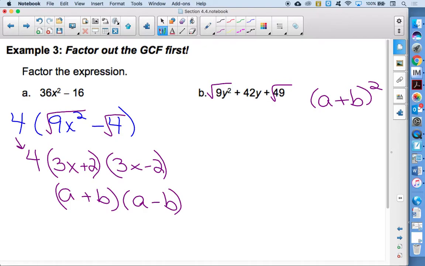Brandon, what's the square root of 9y squared? 3y. And the square root of 49 is 7. So we would factor this as 3y plus 7 squared because it fits the special pattern. So these are special pattern questions, not your typical AC grouping questions.